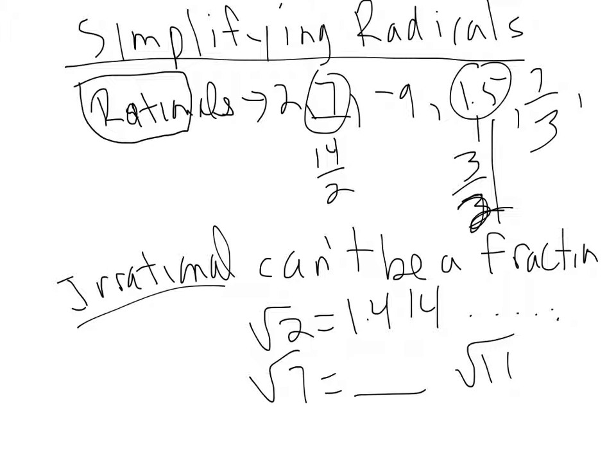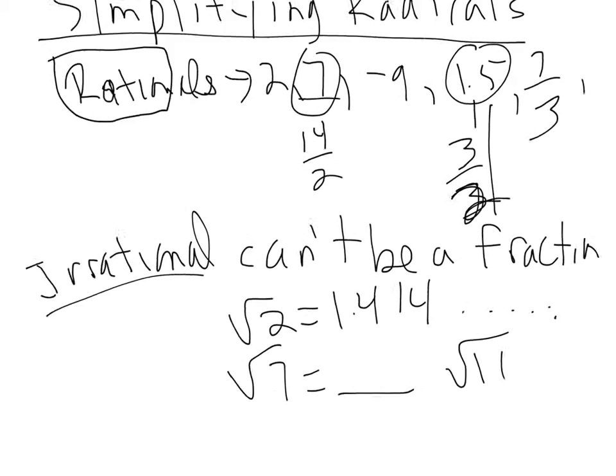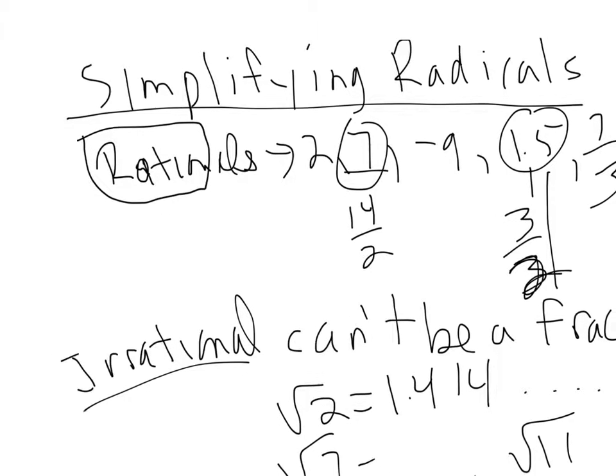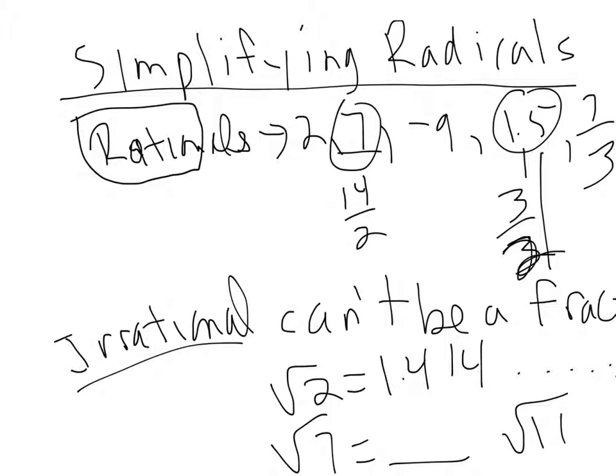Now, another famous irrational number is pi. So rational numbers can be fractions. Irrational numbers can't be fractions. That's really the beginning here. So if you can remember what rational and irrational numbers are.